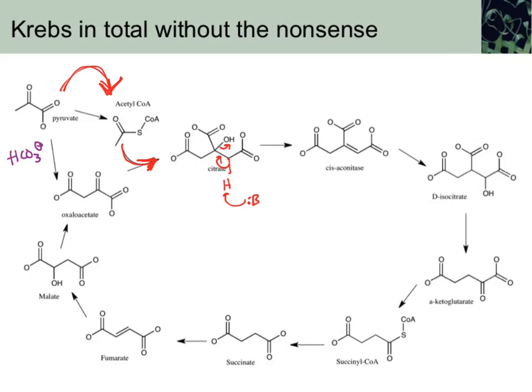So that will get us our cis-aconitase, which gets us that double bond. So no redox. All we're using is the enzyme to facilitate an elimination reaction.